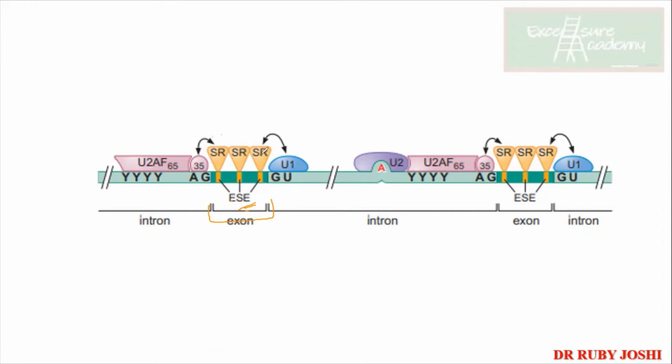Now, can you see that very nicely they're interacting with the U1 also as well as U2AF also, correct? And we know that this region binds at the 3' splice site of the intron, and U1 binds at the 5' splice site of the intron. Clear? So all these proteins are making sure that the spliceosome machinery are present correctly and will carry out the further steps.